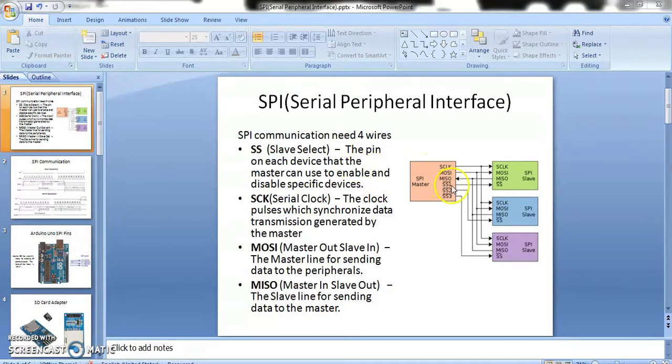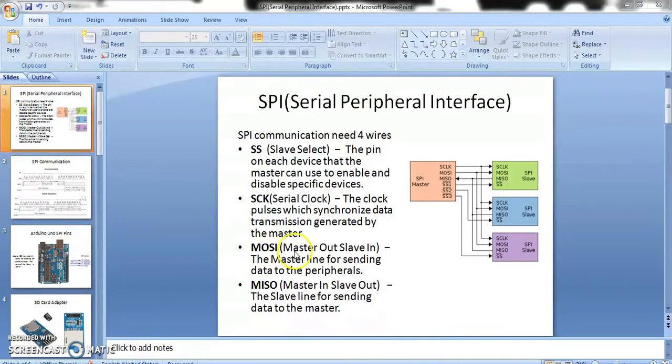So the master will call any one of these slaves, and then using this clock, the master will generate a timing, which will be shared by the slave that is being called by the master, and with this given time the slave will respond to the master.